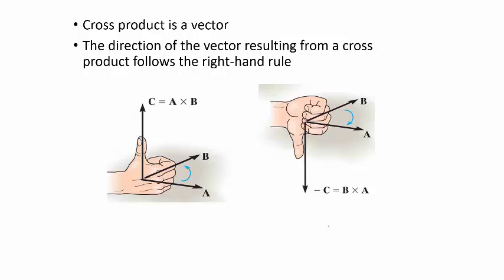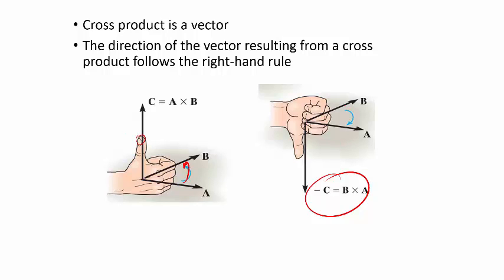And what's important here is that in the case of the dot product, it was commutative, but the cross product is not, because it gives you a negative number whenever you switch directions. This goes from A to B, and this is your thumb, so that gives you the direction of the moment.